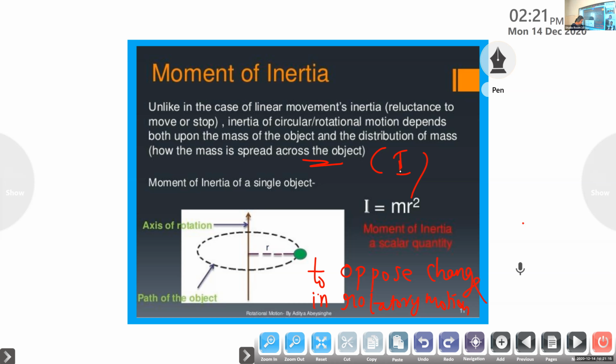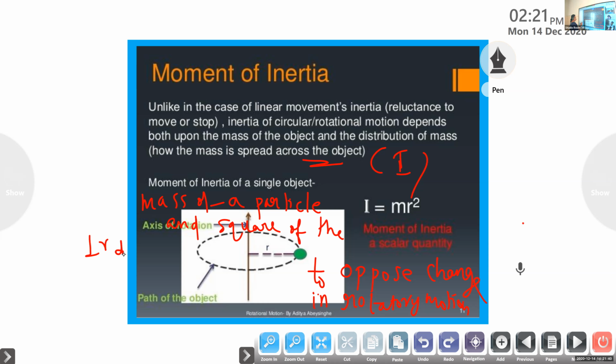It can be measured by the product of the mass of a particle and the square of the perpendicular distance. Same as before, only thing is here we are taking the square.